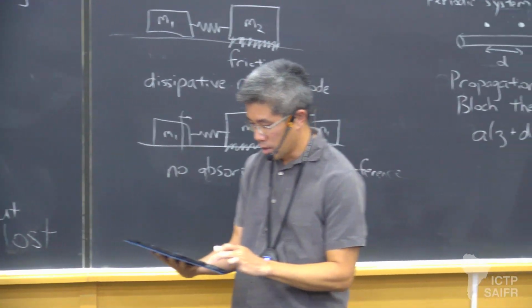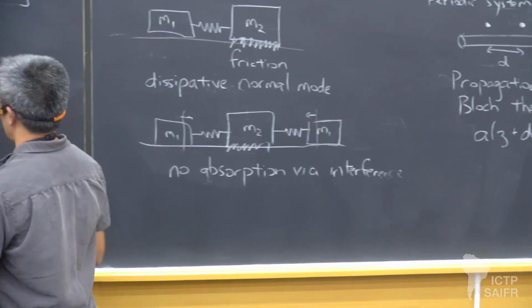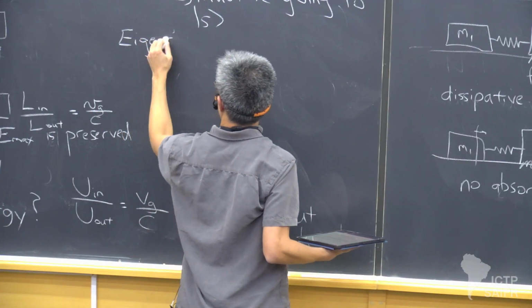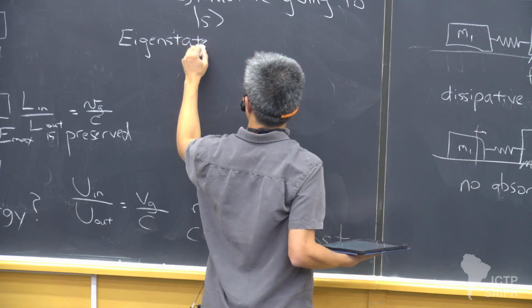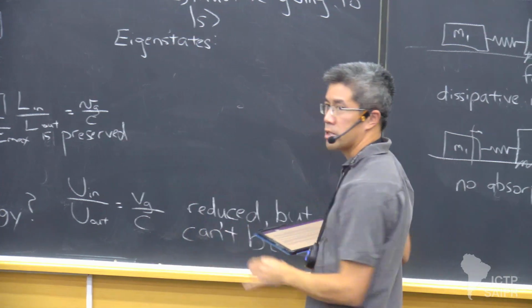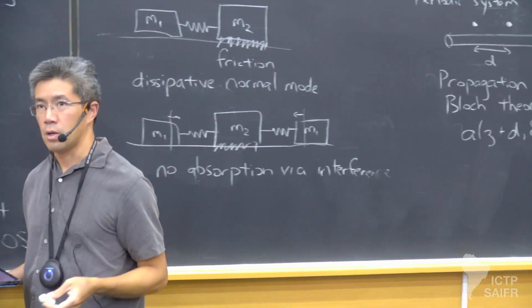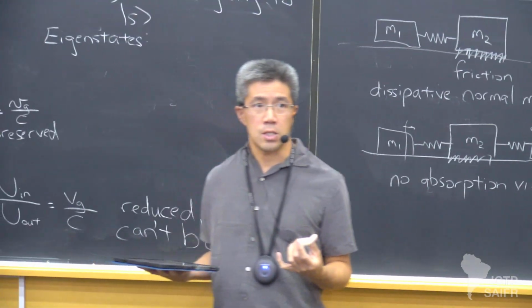If you want to use fancier language, you would say that the eigenstates inside my atomic medium are actually polaritons. Polariton is just a fancy name in physics for any type of hybrid excitation.